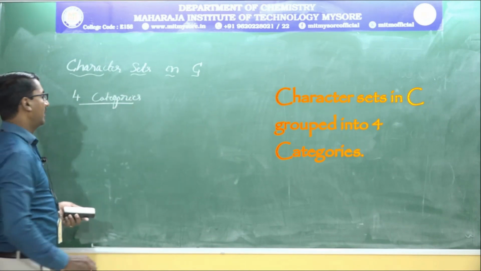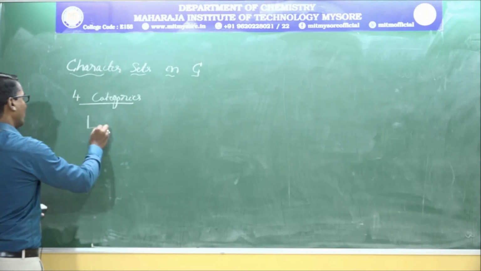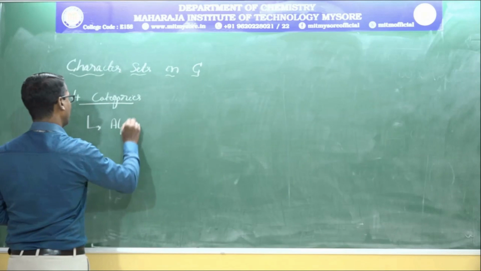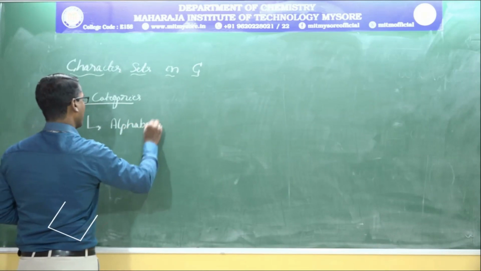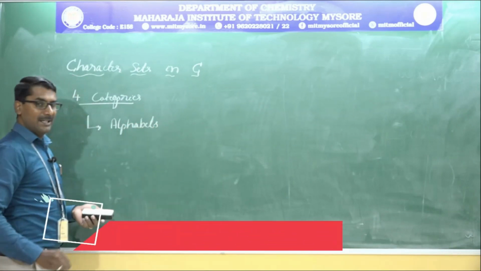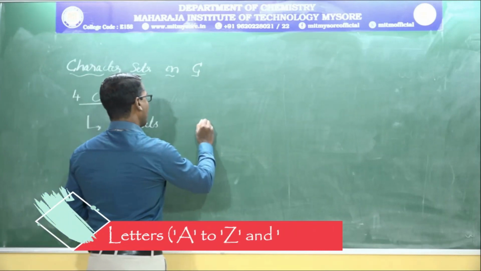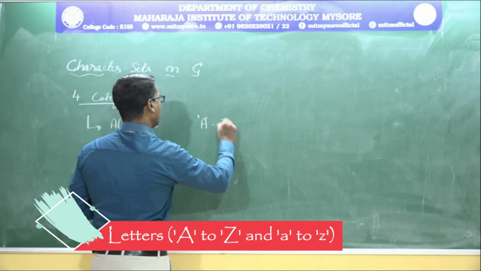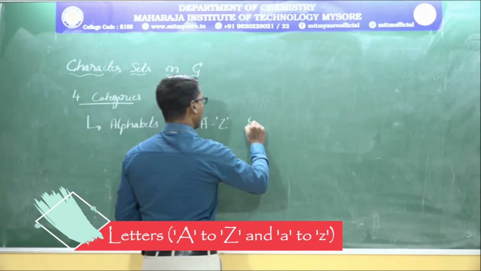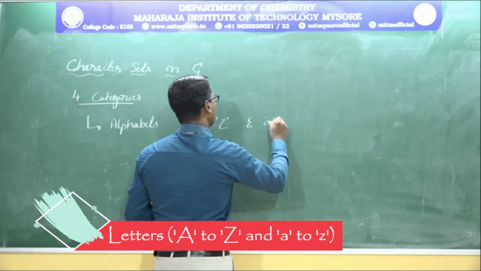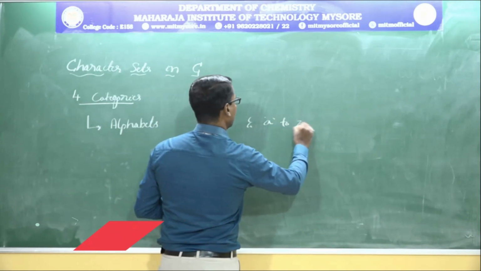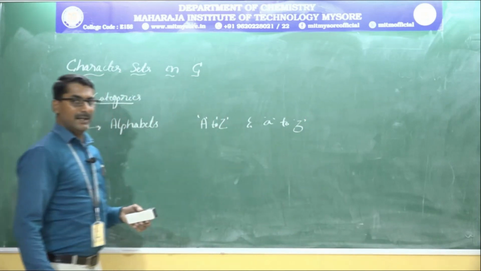Characters are divided into 4 categories. The first one is alphabets. The C program allows capital A to Z and small a to z.